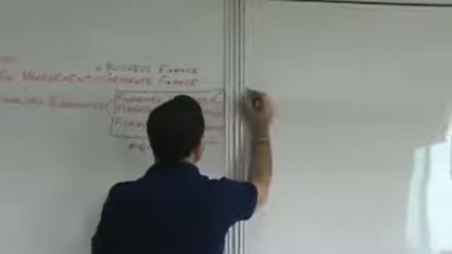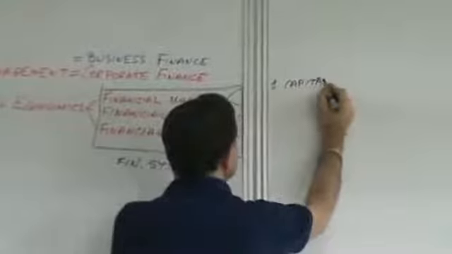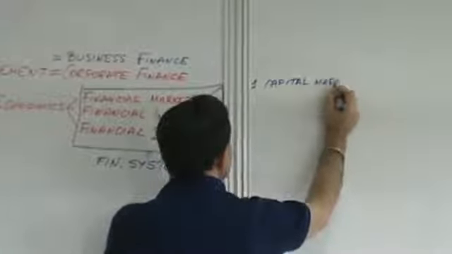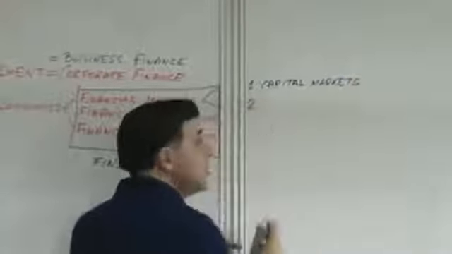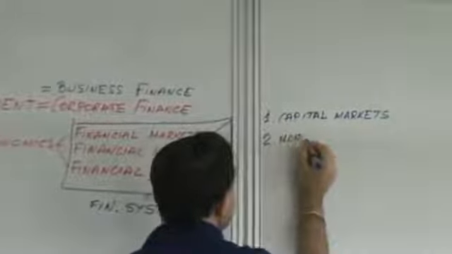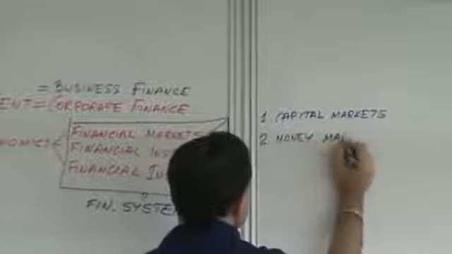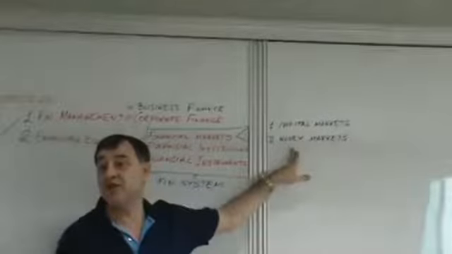So I put in here a little blue arrow, and one type of financial market is called capital markets, and number two is money markets.